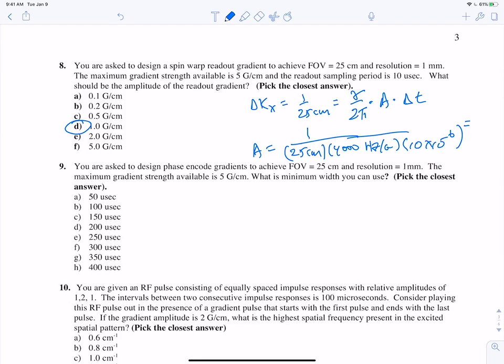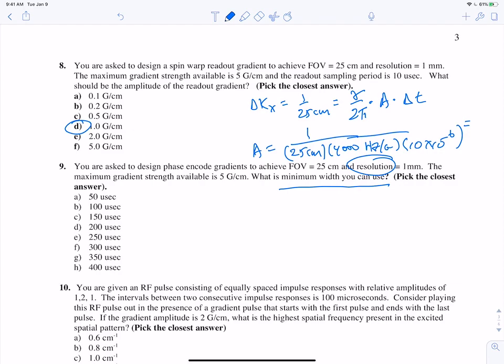This one is, let's see, you're asked to design phase encoding gradients to achieve FOV of 25 centimeters and resolution equals 1 millimeter. The maximum gradient strength available is 5 Gauss per centimeter. What is the minimum width you can use? So for this one, do we want to use FOV or resolution? Which is the parameter that matters here? Resolution, right? Because resolution determines how far out in k-space I go.